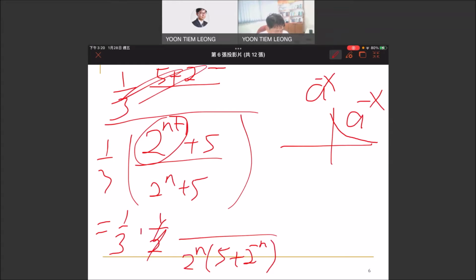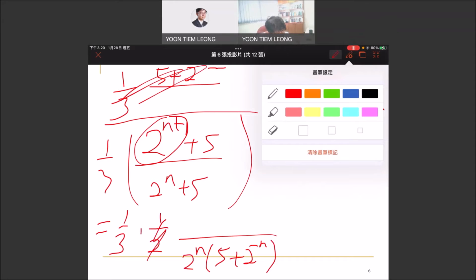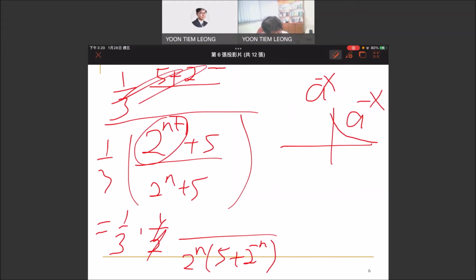So that downstairs is 2 power n times. Sorry, I think this is not quite true. I pull out the factor of 2 power n, then it gives me something else. So let me rub off my error. I can't rub off my error, so I have to write this again.